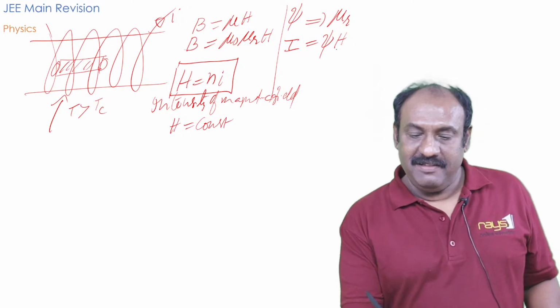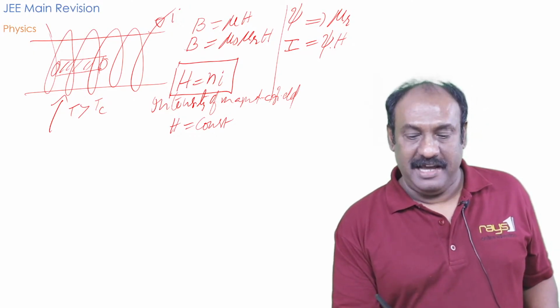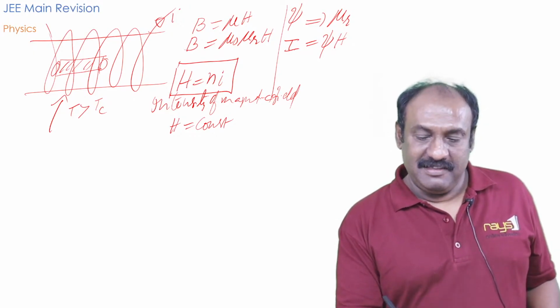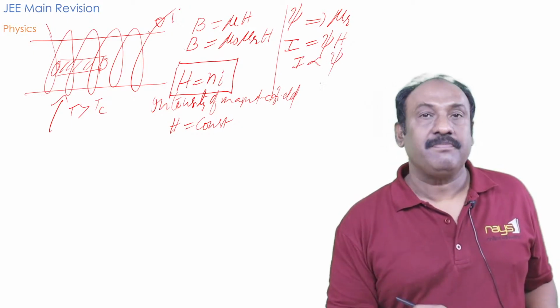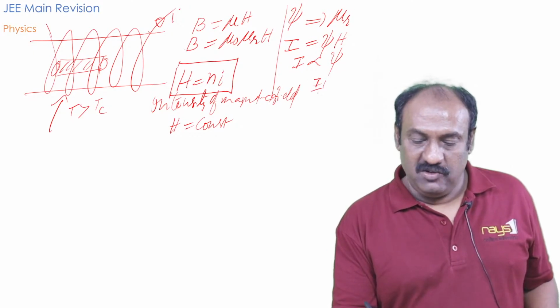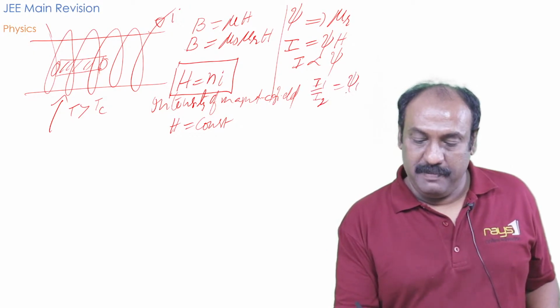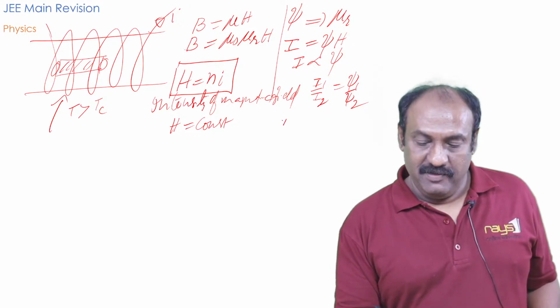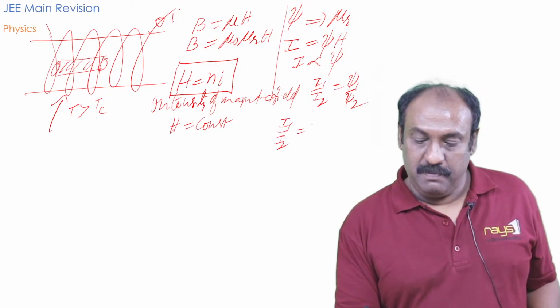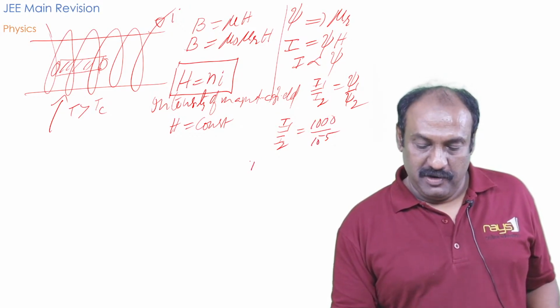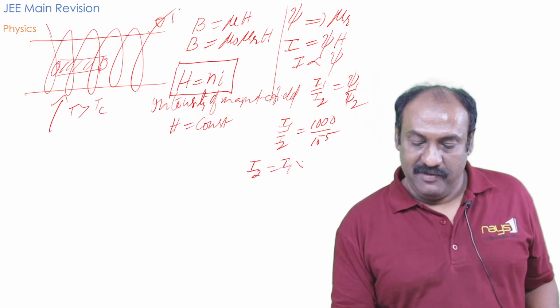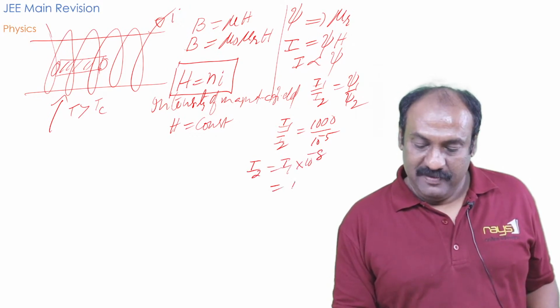So when I equal to psi H, in this case, intensity of magnetization is directly proportional to psi. So I1 by I2 is equal to psi 1 by psi 2. So I1 by I2 is equal to, in place of psi 1 it is 1000, by psi 2 value I already have given 10 to the power minus 5. So therefore I2 is equal to I1 into 10 to the power minus 8, that is I1 by 10 to the power 8.